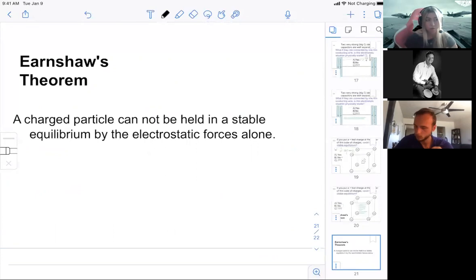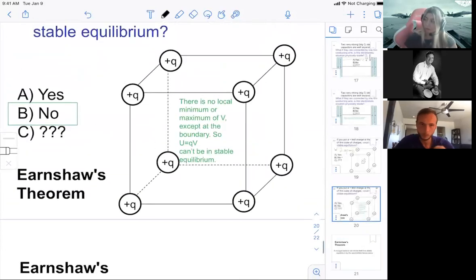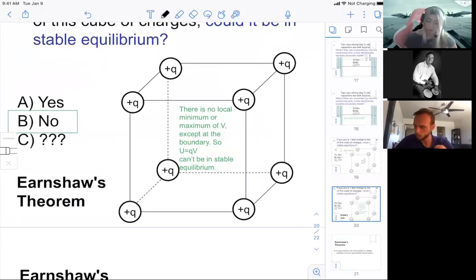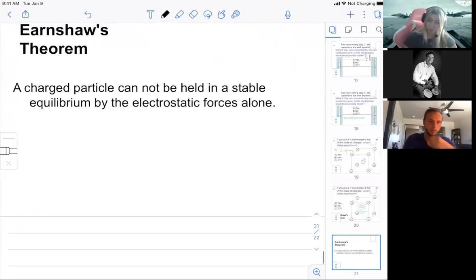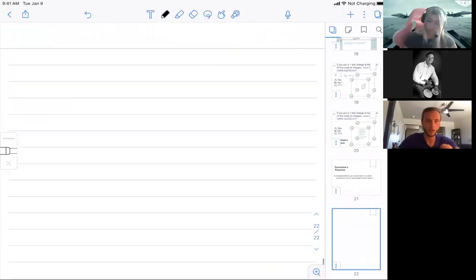If you only look at electrostatic forces, you cannot hold this charged particle in the middle in a static equilibrium state. That's what Earnshaw's theorem is telling us. You can explain this by using the idea of no local minimum or maximum except at the boundary. Okay, all right. So that's all of these conceptual questions.